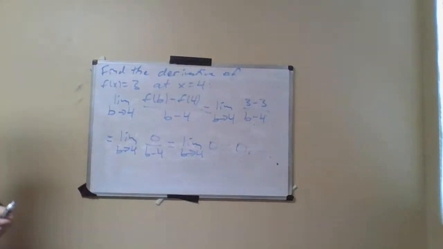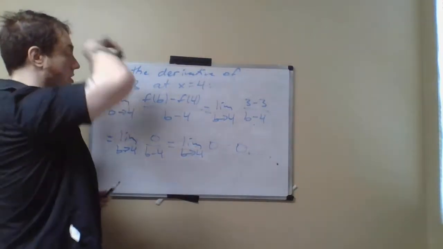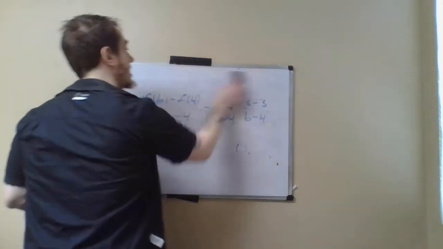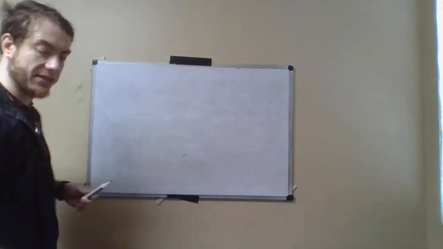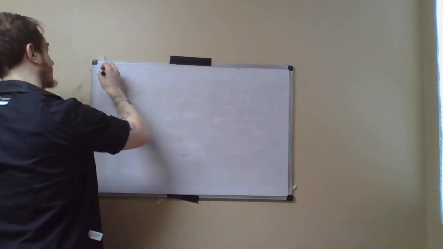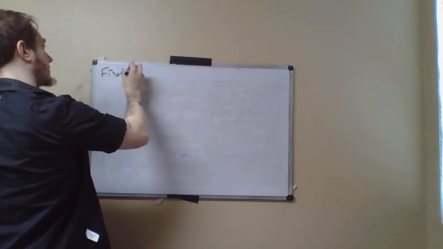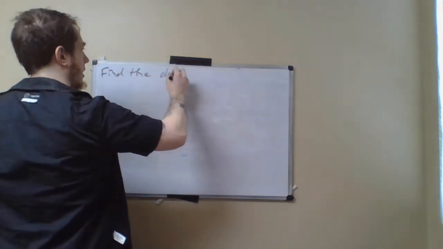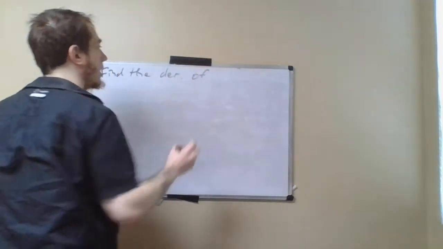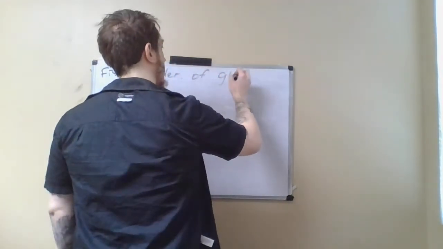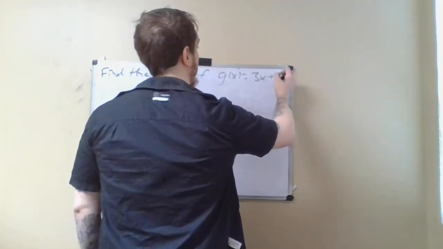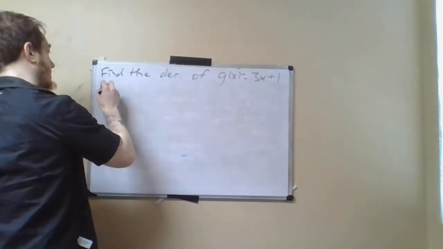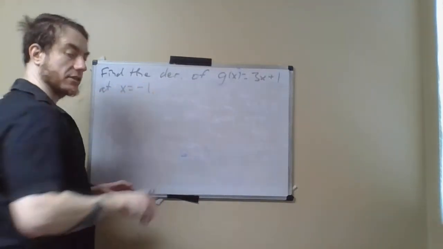So let's take a look now at another example of doing this kind of thing. And let's suppose that we want to find the derivative of, let's say, g of x is equal to 3x plus 1 at x equals minus 1.